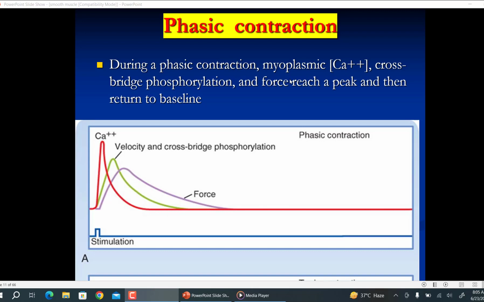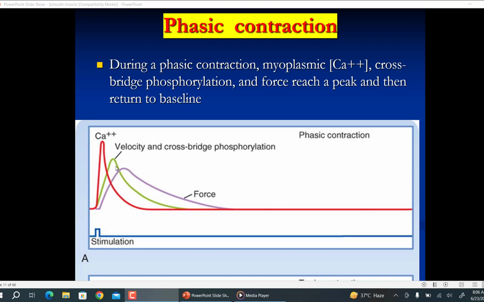During a phasic contraction, myoplasmic calcium, cross bridge phosphorylation and force reach a peak and then return to the baseline. Here you can see that when the action potential arises, the muscle contraction reaches its peak due to the presence of calcium, velocity and cross bridge phosphorylation.